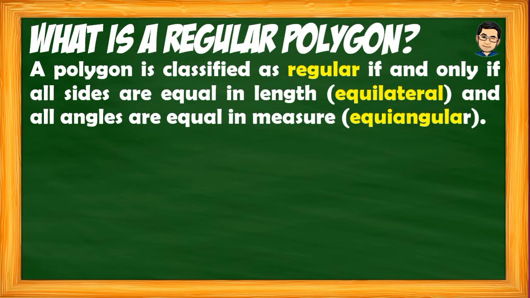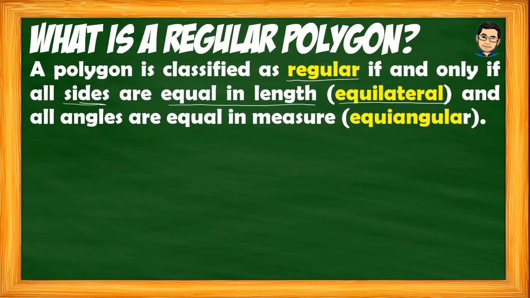Classified as regular yung polygon kapag yung lahat ng sides niya pare-pareho ang sukat or equal in length. So, yung equilateral. Equi means equal, of course, balance, and then lateral, ito po yung sides. So kapag equilateral polygon, like for example, equilateral triangle, it means all sides are equal.